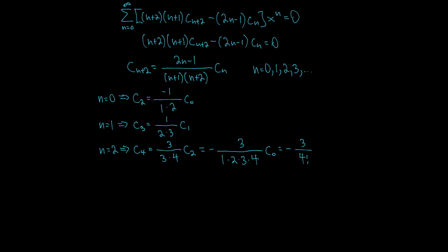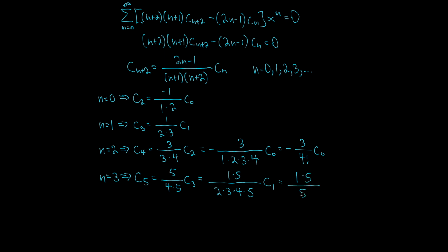And we get negative 3 over 1 times 2 times 3 times 4 times C0, which is negative 3 over 4 factorial times C0. Then we'll look at n equals 3, where we get C5 equal to 5 over 4 times 5 times C3. So that's 1 times 5 over 2 times 3 times 4 times 5 times C1, which is 1 times 5 over 5 factorial times C1.